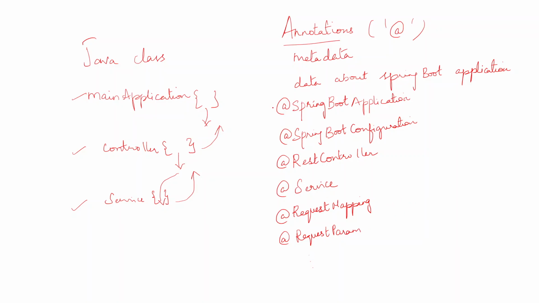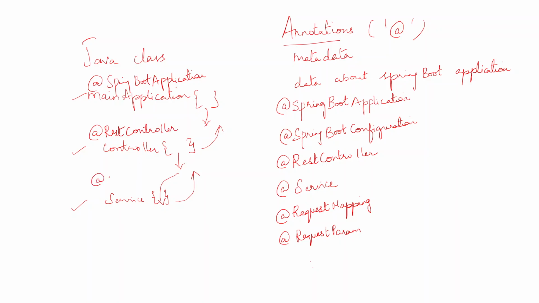When I am going to create a simple Spring application, the application should start with the annotation @SpringBootApplication. Wherever I have this @SpringBootApplication, that indicates it is the main Spring Boot application. Next, if I want to create a controller Java class, we should indicate that it is a controller, so the @RestController annotation is to be added.